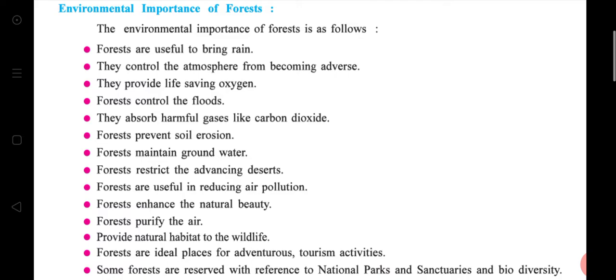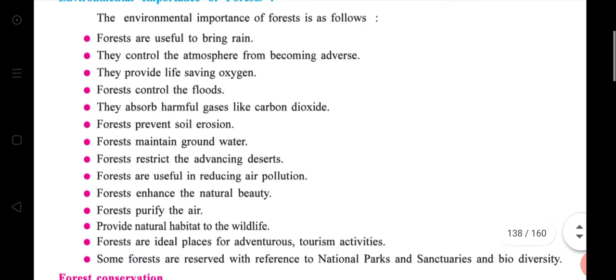So we see forests are useful to bring rain. We all know they control the atmosphere from becoming adverse. Also, they provide life-saving oxygen, control the floods, and absorb harmful gases like carbon dioxide.